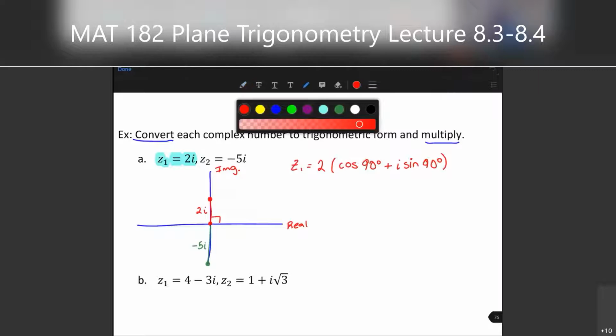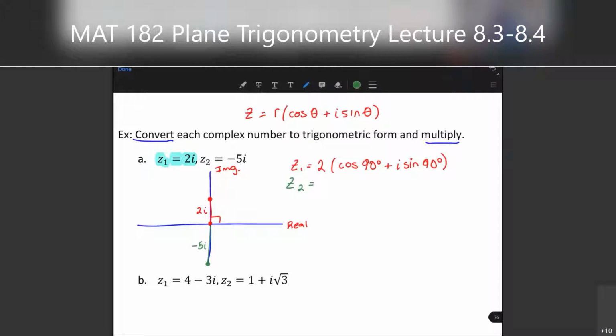We can rewrite the second complex number. We'll call this one Z2. Well, with those same properties there, we want to have a modulus. In this case, our modulus for the green vector has to be 5, right? We're 5 units from the origin. And in the direction of, we looked at our angle that's created here.